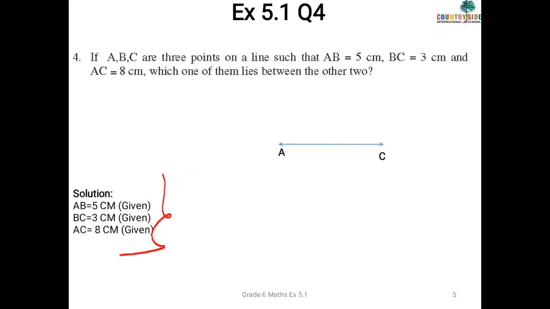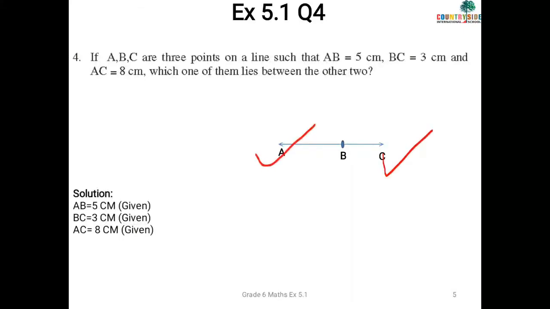Because AC is the biggest line, 8 centimeters. So first of all, we have to draw the bigger line. Now take the point B in such a way that AB equals 5, that is given to you. Now scholars, please tell me, between A and C, which point are you able to see? Of course, that is point B, and this is the answer.